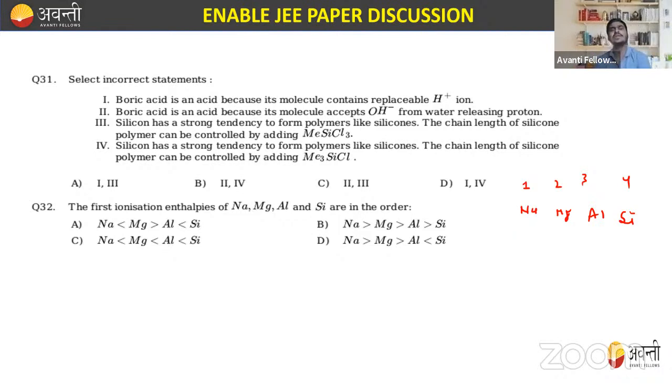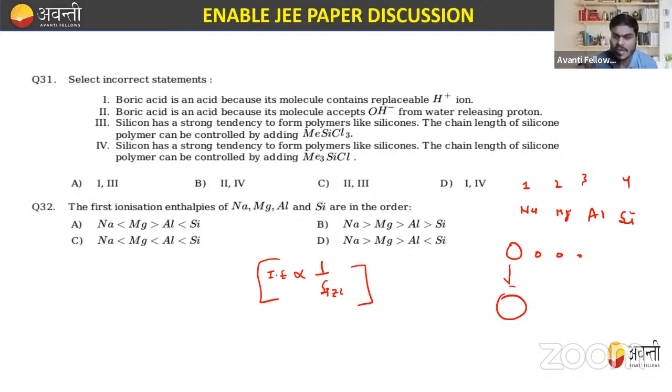Now, you have to identify the ionization energy. We know that as we move from left to right in the periodic table, the size decreases, and as we move down the group, the size increases. And we know that ionization energy is inversely proportional to size. If the size is more, then the ionization enthalpy will be less.